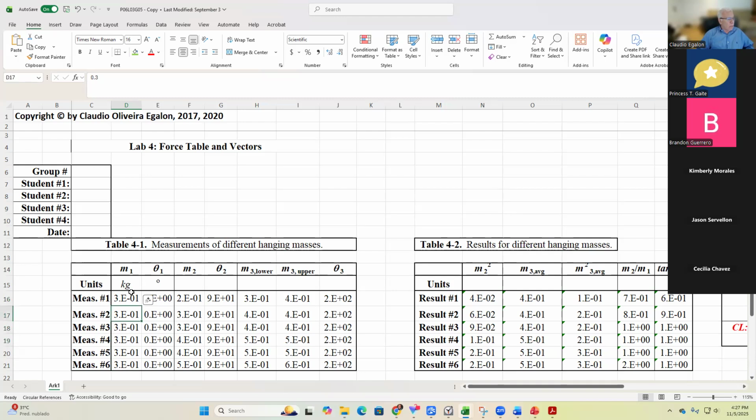All those measurements, 1, 2, 3, 4, 5, 6, is 300 grams. But I am changing mass number 2. The first mass number 2 is 200 grams. The next one is 250. The other one is 300, 350, 400, and 450. That's for this specific spreadsheet. It should be different for other spreadsheets. And the angle is 90 degrees.